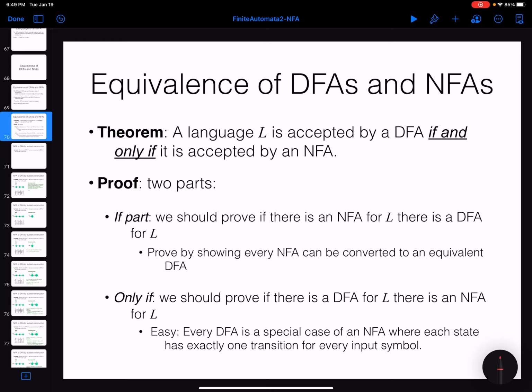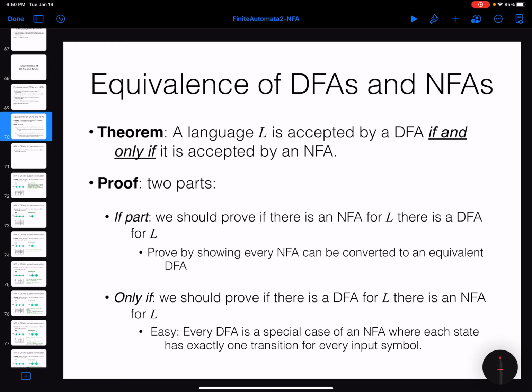The if part is that we have to show that if there is an NFA for a language L, there is also a DFA for the same language. And the only if part is that we should prove that if there is a DFA for a language, there is also an NFA for that language. In this way, we can prove that NFAs and DFAs have the same power, so they are equivalent.